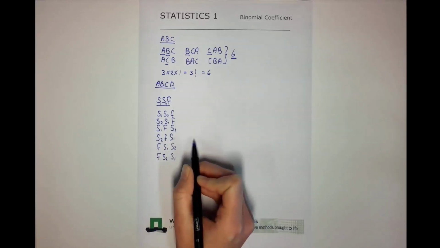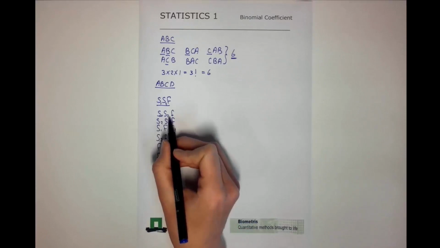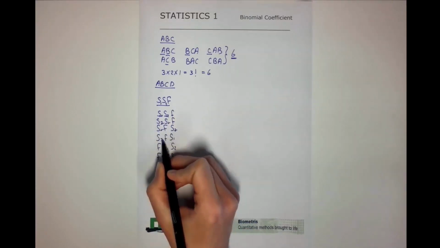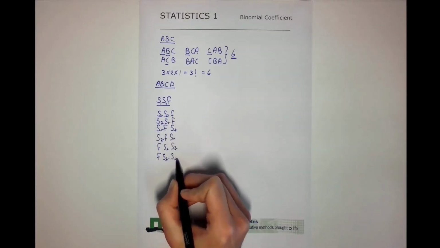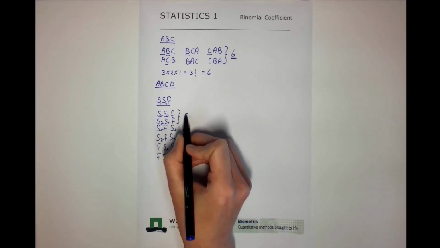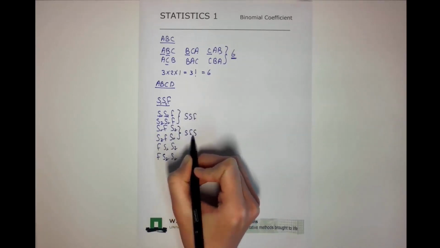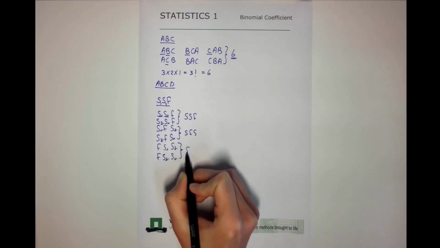There you go. If we remove the numbers 1 and 2, the 2 S's are similar. Now you can see that each of the different orders are doubly noted. So these 2 are S, S, F, where these 2 are S, F, S, and finally we have F, S, S.